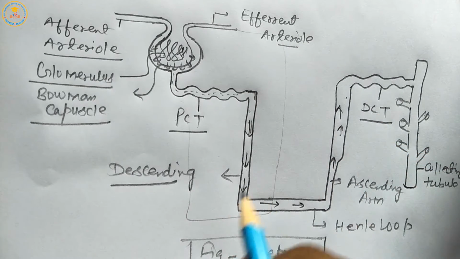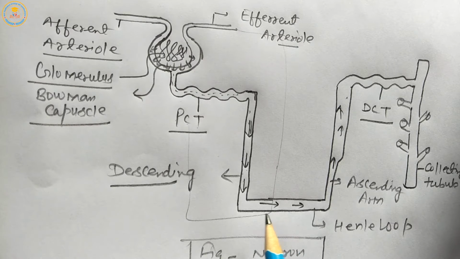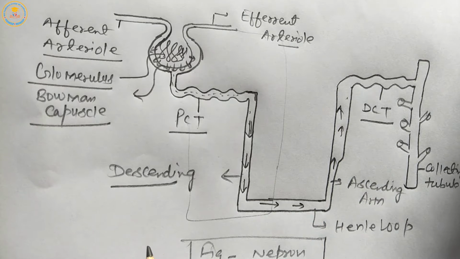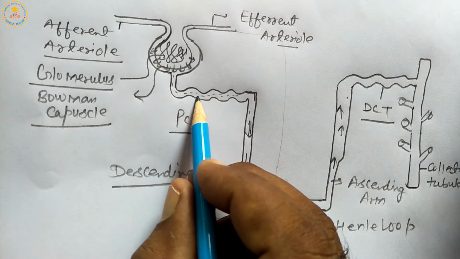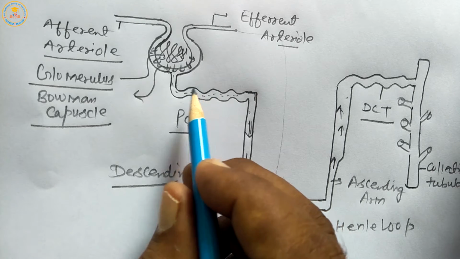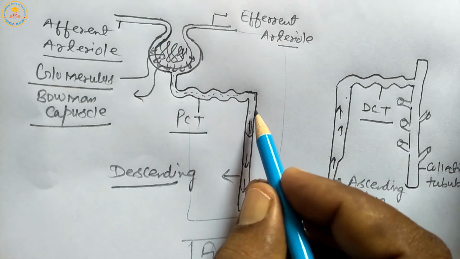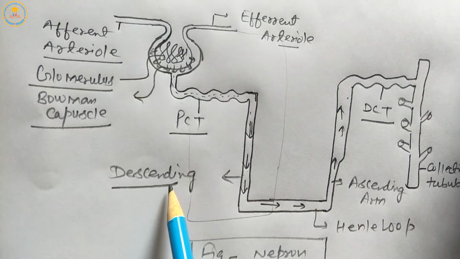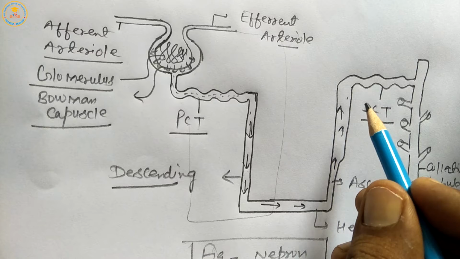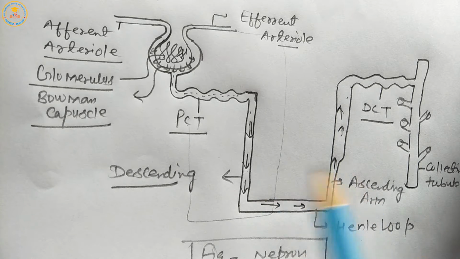It means the flow of glomerular filtrate in both arms of Henle loop is in opposite direction.